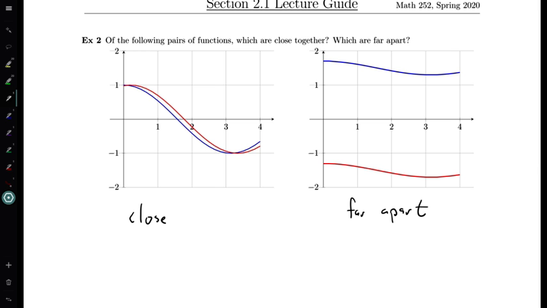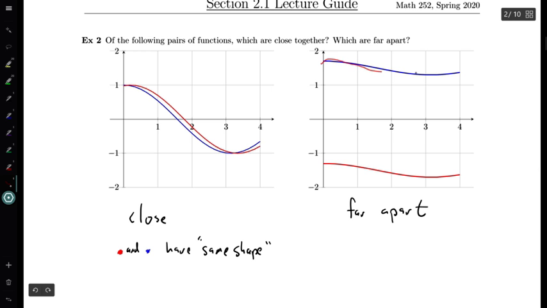Notice here that in both of these cases, the two functions have the same shape. So here we have red and blue have the same shape, where same shape means that they each start by going up a little bit and then going down, and they're sort of sinusoidal in that respect.